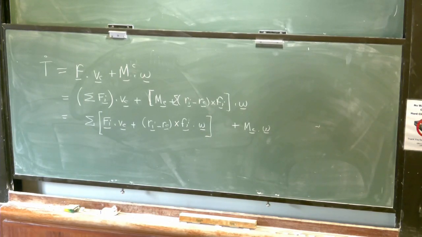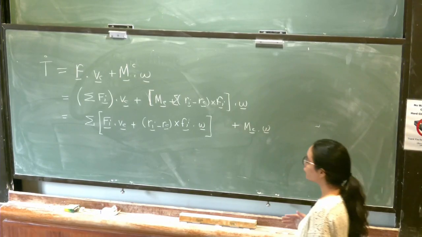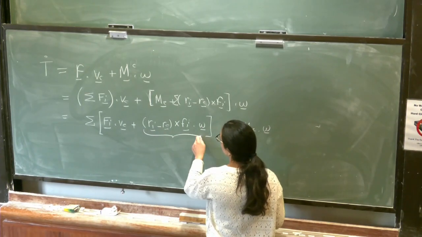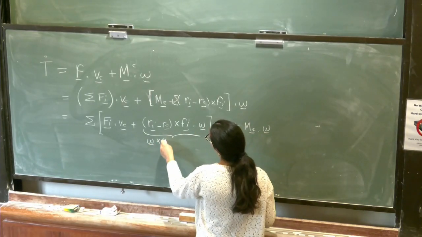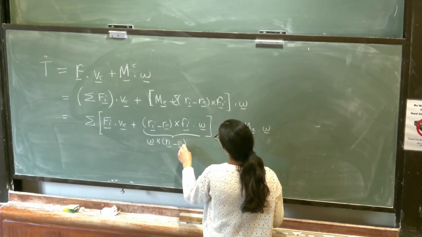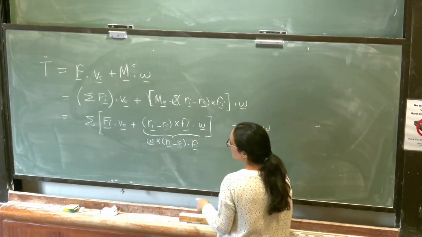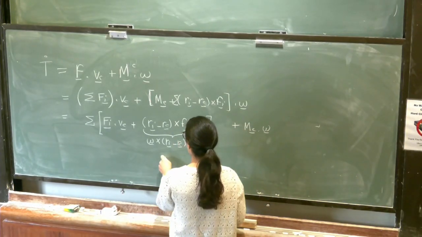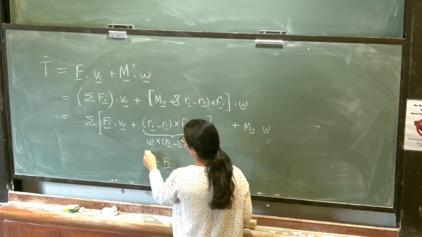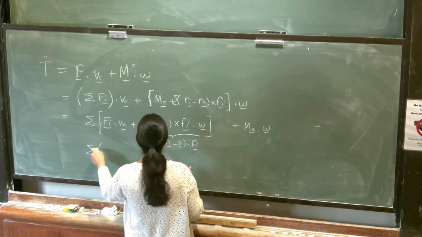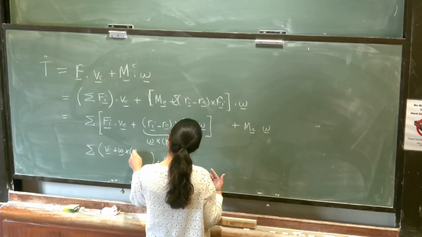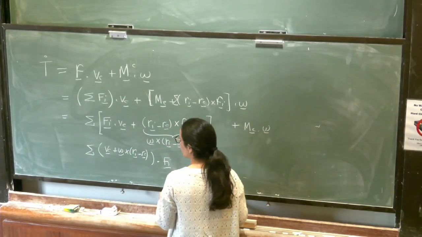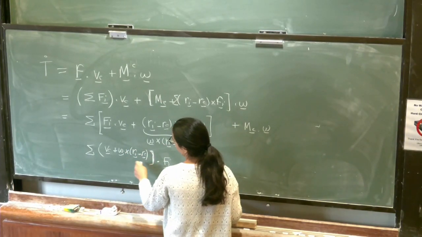And this second term here, I can also do a switcheroo of the cross product and dot product to get that this is equal to omega cross Ri minus RC dot Fi, which makes it that I can take Fi as a common factor dotted with the sum of VC plus omega cross Ri minus RC, which, can anyone guess what this term is equal to here? Vi.